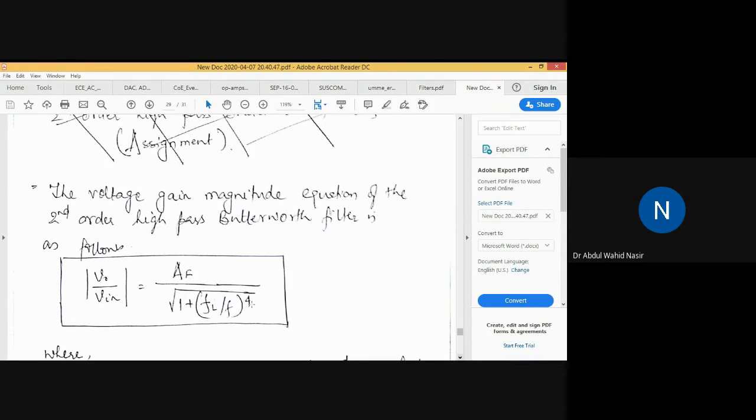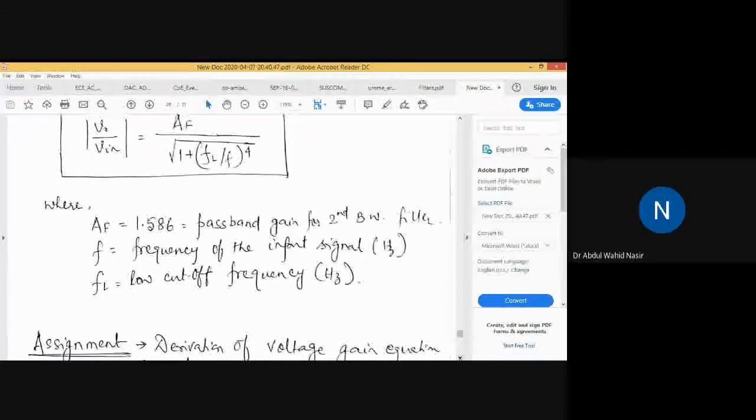Now for first order, it was FL by F to the power 2; for second order, it is FL by F to the power 4. Where AF is equal to 1.586. This is the passband gain for a Butterworth filter. F is the frequency of the input signal in hertz, and FL is the low cutoff frequency.